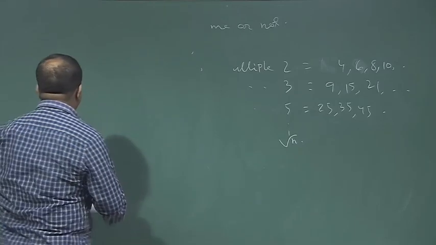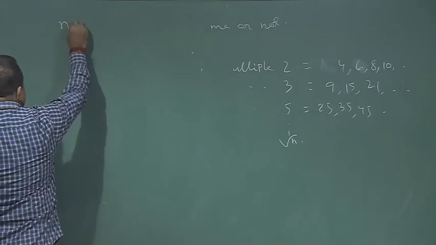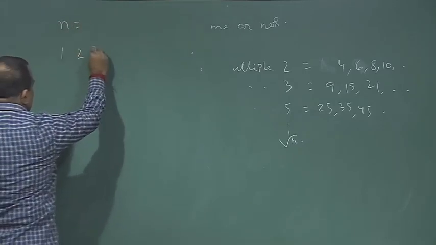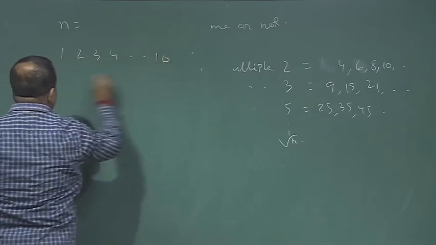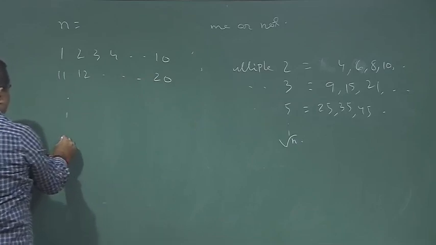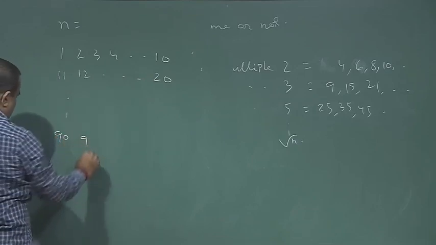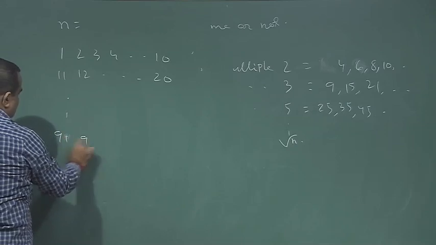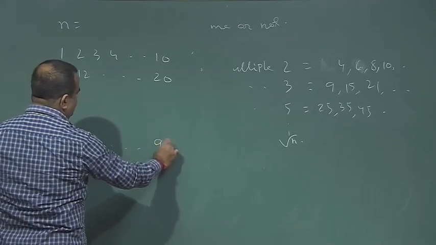So, if we take n equal to 100: 1, 2, 3, 4, 10, 11, 12, 20 like this, then 90, 91, 92 like this, up to 99.